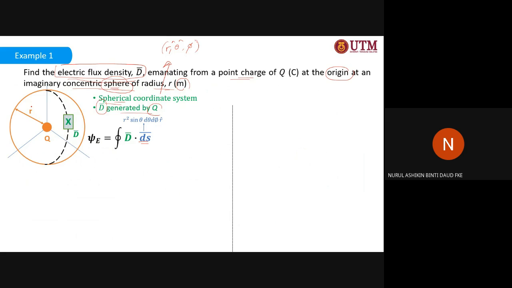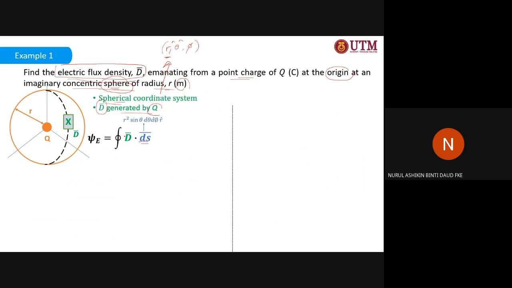Since I have mentioned that this particular X sample has the same direction in R, the formula for dS of the spherical coordinate system that we should choose is the one that contains the R direction. So it will be r squared sine theta d theta d phi in the R direction. I hope up until here it's clear.